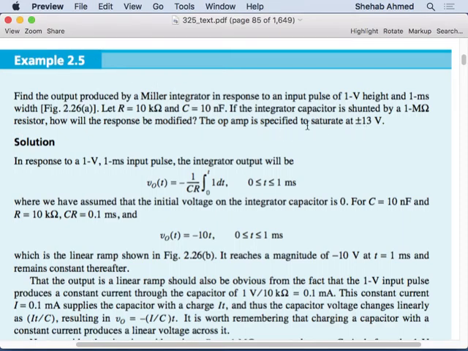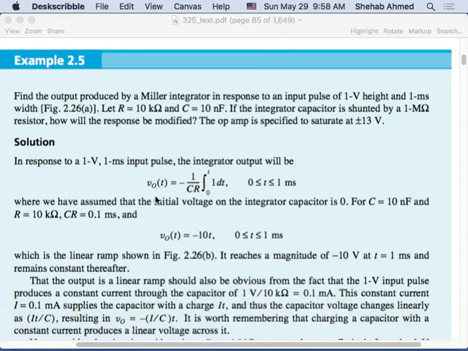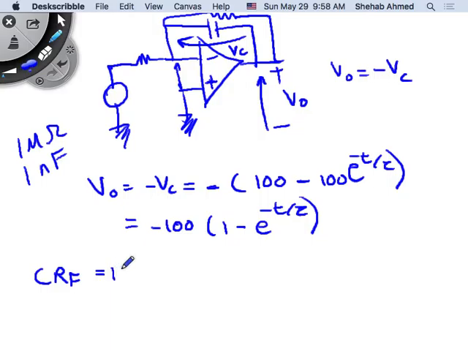C is equal to 10 nanofarads, and the resistor is equal to 1 megaohm. So 10 times 10 to the minus 9 times 1 megaohm is equal to 10 milliseconds. Okay, so this is 10 milliseconds.